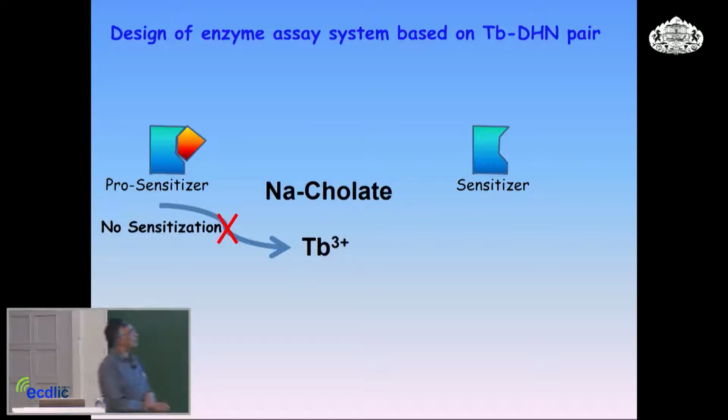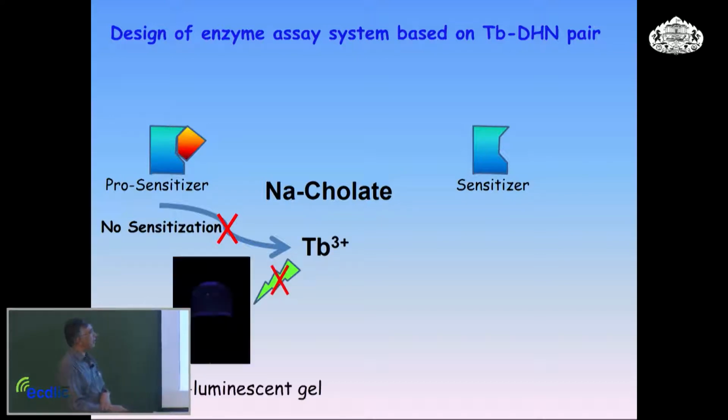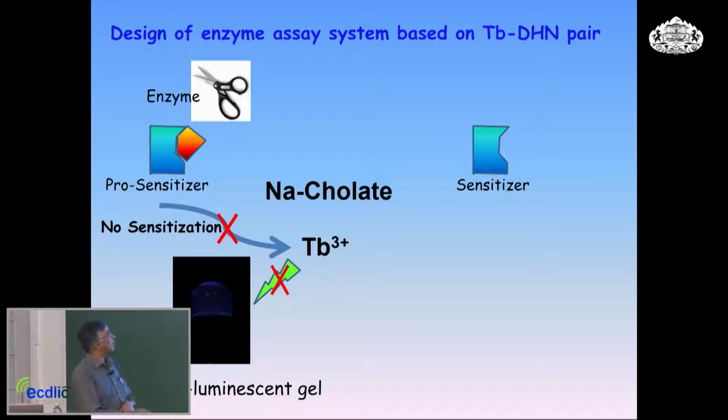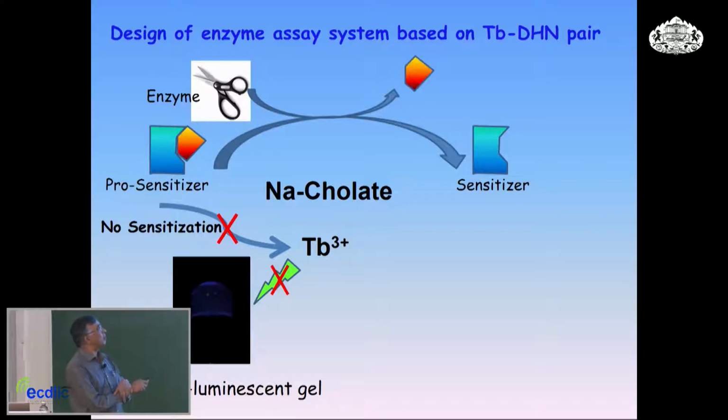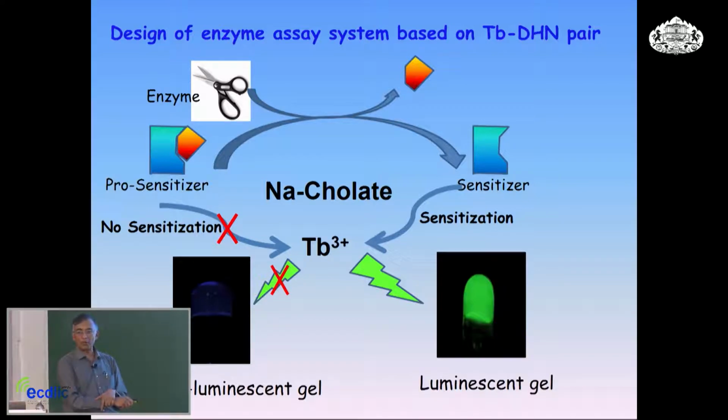And suppose I mix it with the cholate and the lanthanide, and form a gel in the presence of this. If this does not sensitize the gel, then I have a very nice way of detecting the presence of a specific enzyme, because once I add the specific enzyme, it will remove this part and liberate the sensitizer, and now the gel will become photoluminescent.